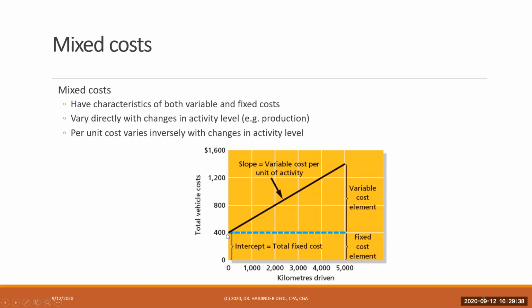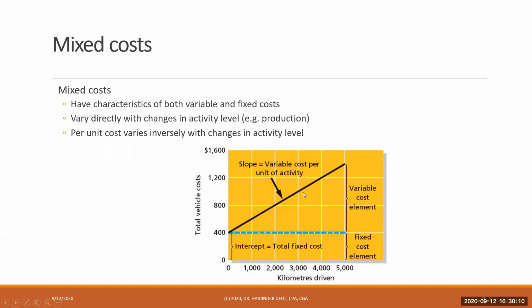We assume that the variable costs will represent a straight line, and that assumption is not wholly unreasonable. They may not exactly fall in a straight line, but they tend to fall near the straight line path, such that we are able to use that relationship to estimate that the variable cost per unit of activity is actually the slope of that line.